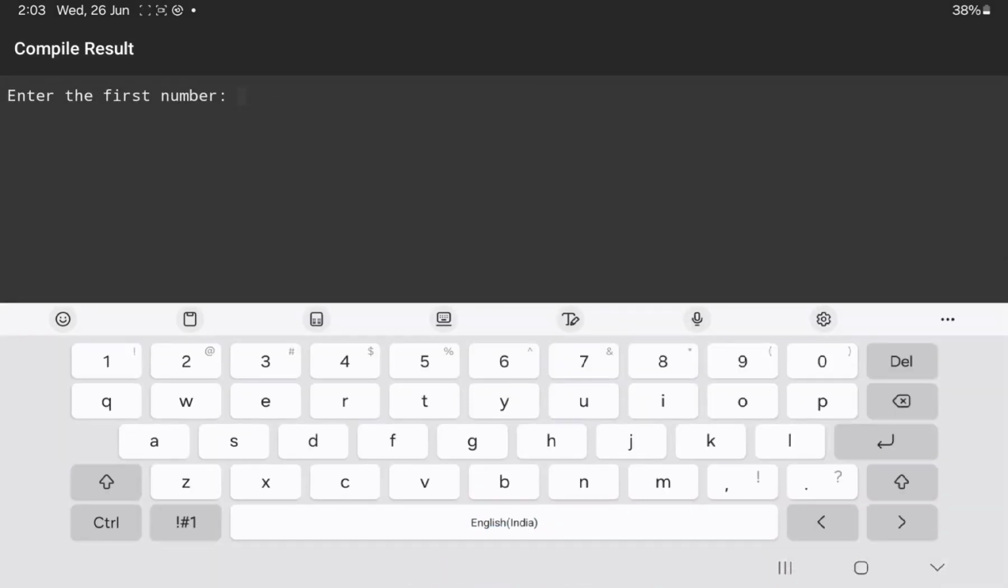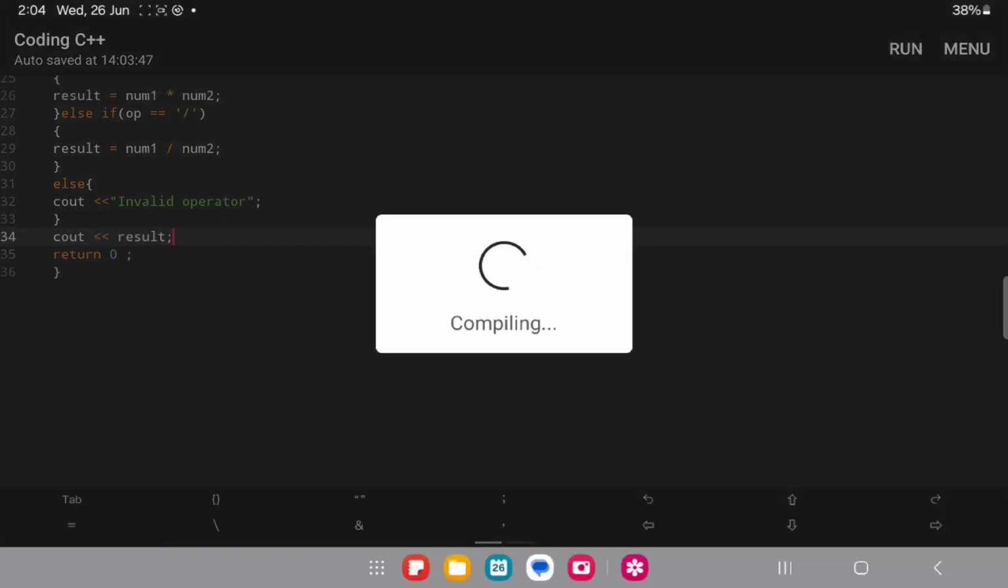So first we're going to enter, let's think, 7, and you're going to enter an operator like plus, and you write the second one as 34 and 41. Let's try another one. It's subtraction.